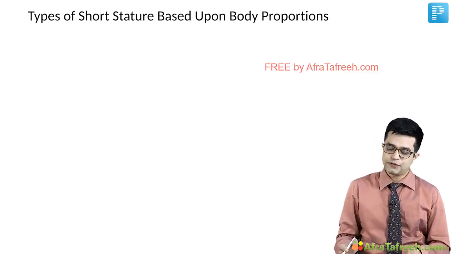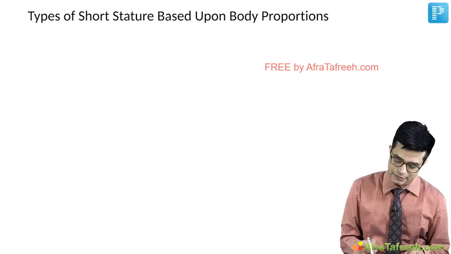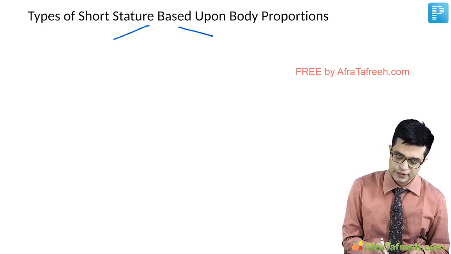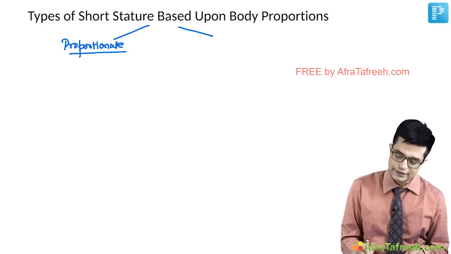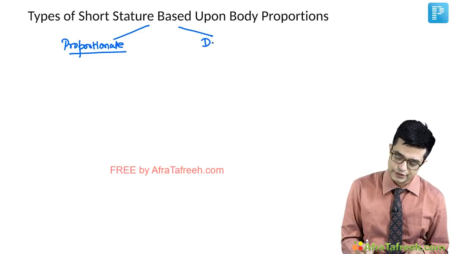So types of short stature based upon body proportion can be divided into two parts. There can be proportionate short stature and there can be disproportionate short stature.